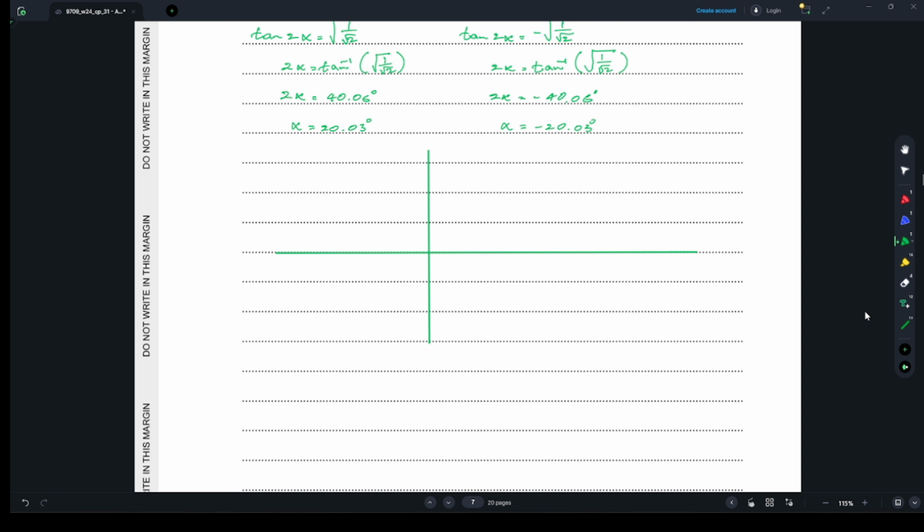We have the vertical asymptotes, right? So the graph goes to infinity. So let's consider here we have 90. So at 90 here I have this vertical asymptote, and here 180, 270. Okay, so these are the vertical asymptotes of the tan graph.